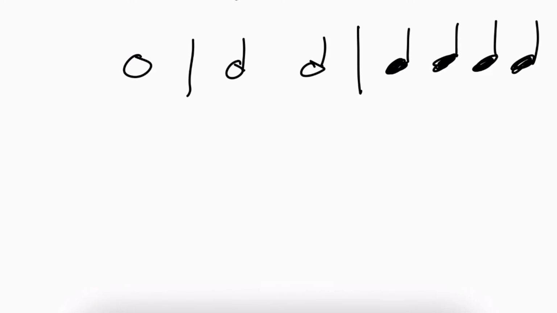I've got my metronome set to quarter note equals 90. I don't want to go too fast because we're trying to figure this out as we go. So here we go. 1, 2, ready, go. Ta, ah, ah, ah, ta, ah, ta, ah, ta, ta, ta, ta. And that's how that example goes.